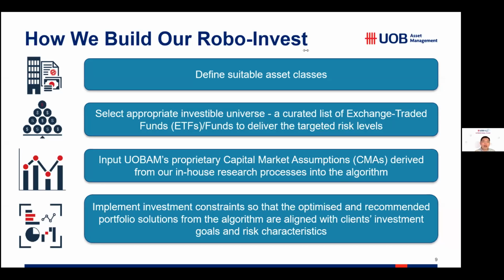So that's why we have a proprietary capital market assumption, and we think that's really important. This is also where we put our investment heritage, and we have been investing for 30 years into the robo-advisor. After that, we implement investment constraints and optimize and create the portfolio for clients. The next slide.